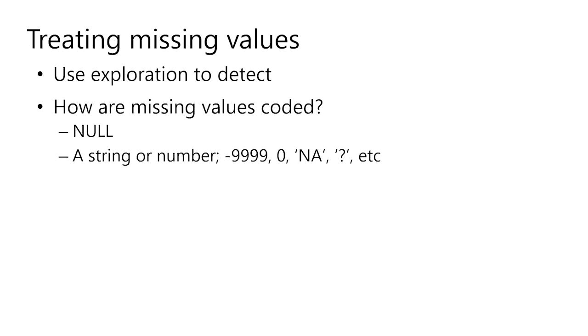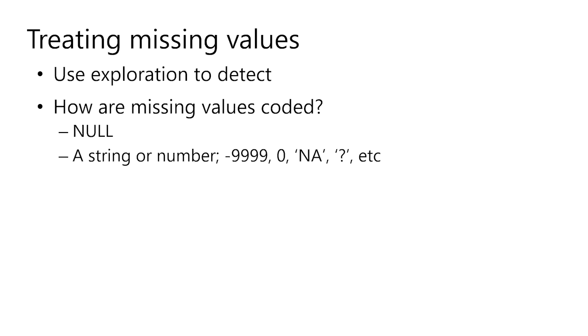But in other cases, maybe they've been coded in some other way. Old-fashioned mainframe systems, and you still see a lot of that in databases around, use something like -999 as a missing value. It's just a convention. Sometimes I've seen this in records, even medical records, for example. A test isn't done on a patient, and the default value is 0, but it doesn't mean their blood pressure was actually 0.